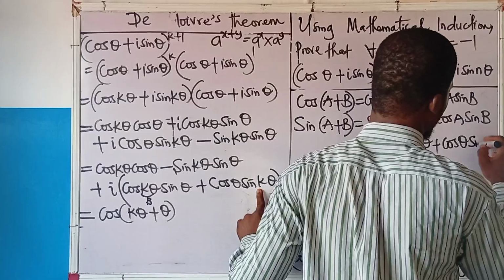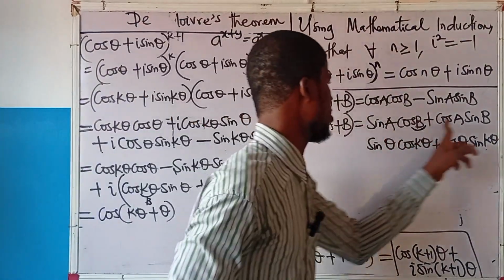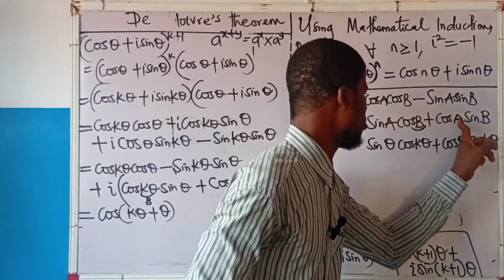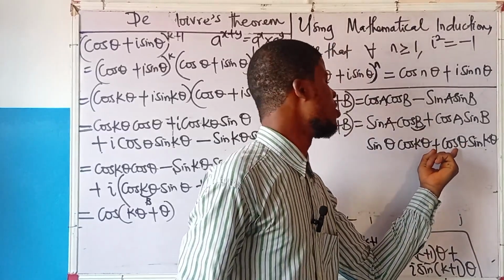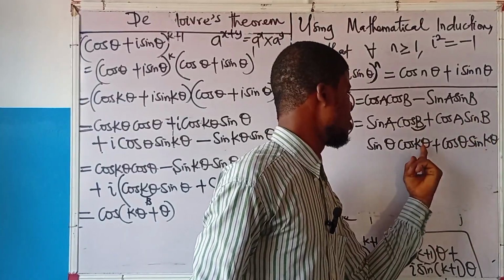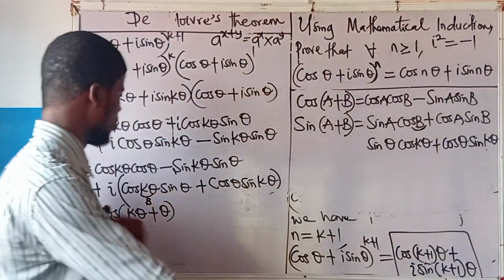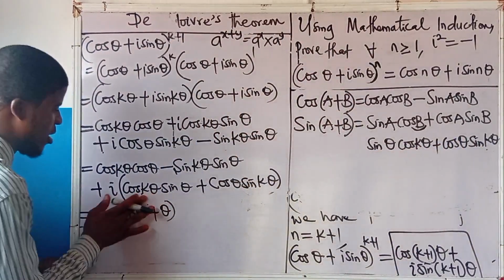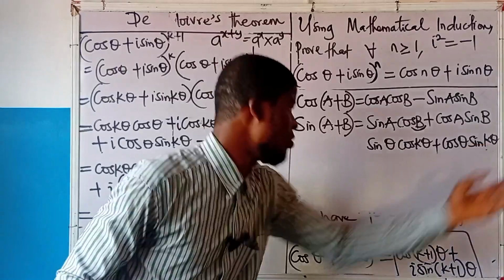Sin k theta. It blends. Sin k theta. After all, A for sine, A for cos, theta for sine, theta for cos. That one is correct. B for cos, B for sine, k theta for cos, k theta for sine. So this is correct. So this expression you see here in this bracket, because of the way I arranged it, has been exactly what I have here.